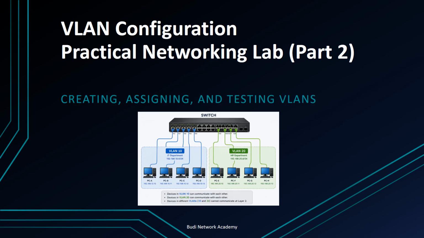We will create our VLANs, assign switch ports, configure the PCs, and then test whether the devices can communicate. We will also verify our configuration and troubleshoot a simple VLAN problem. So let's open Packet Tracer and build our VLAN network together. Let's get started.